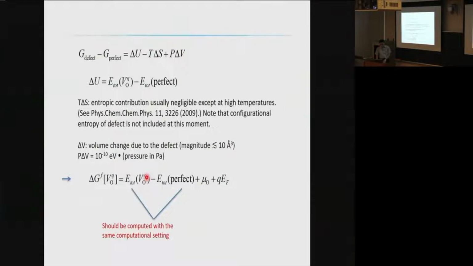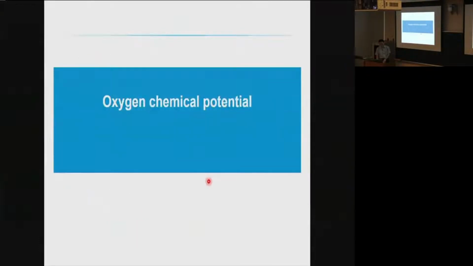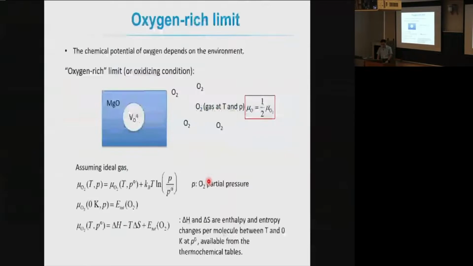Okay, so we have this part, and now we will discuss this oxygen chemical potential, and this formula that is already given. It depends on the environment, what kind of environment you have, right?